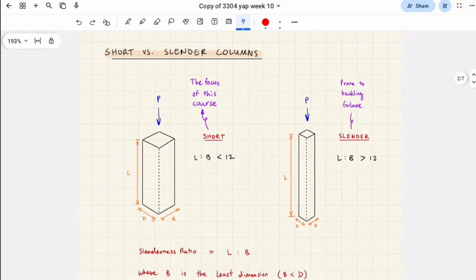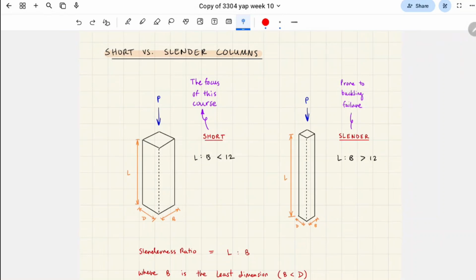All right, so the next thing you have to understand is slenderness ratio. Actually, you don't need to understand this. This is all background knowledge still. Slenderness ratio is the ratio between the length and the least dimension. For a cross section, we have B, the width, and D, the depth. The least dimension is the smaller of these two.